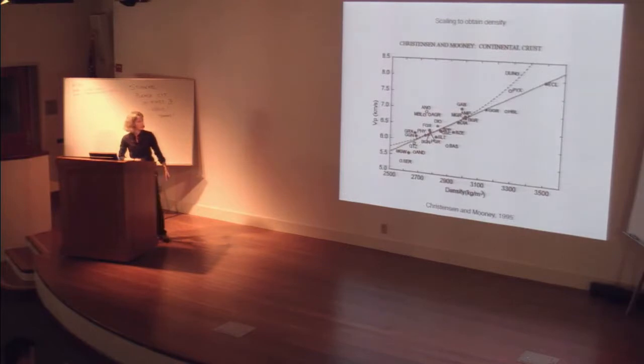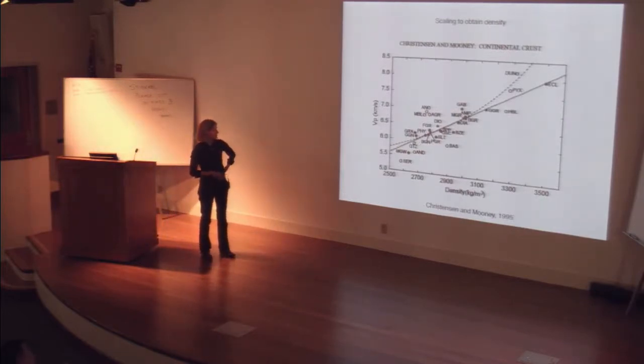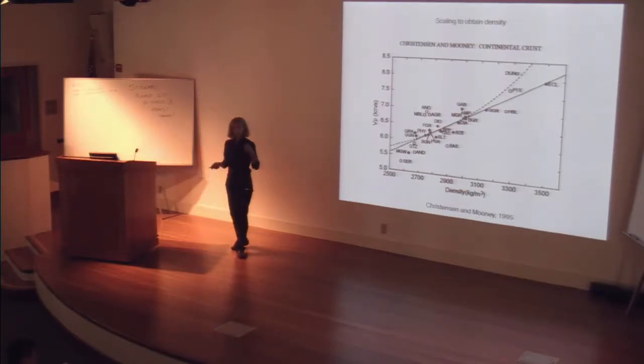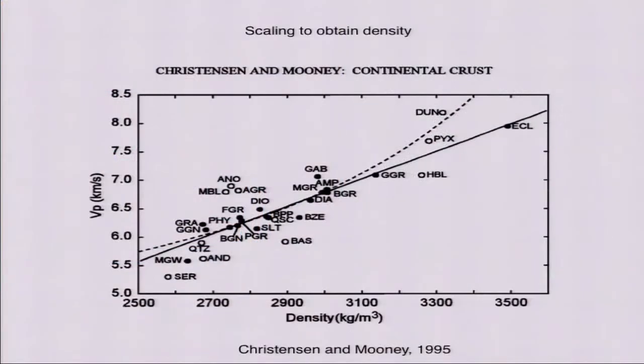Okay, and then you do the same thing for density. Here are results from Christensen and Mooney developing a scaling relationship between density and the P-wave velocity. So in these crustal models, really, the density and the S-wave velocities come from scaling the observed P-wave velocities.